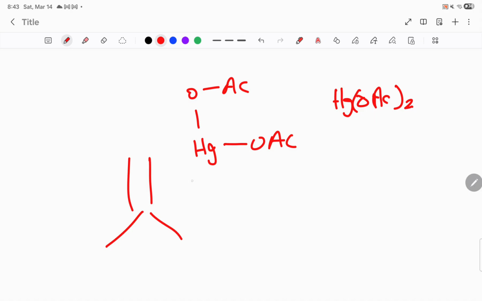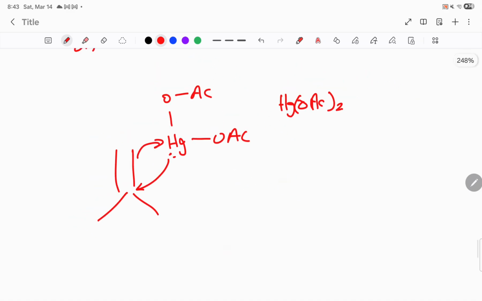What's going to happen is an extremely similar mechanism. So watch. The nucleophile is going to attack this, and this is going to attack this. Okay? And I should probably show it this way. This is the better way of showing it. There we go.